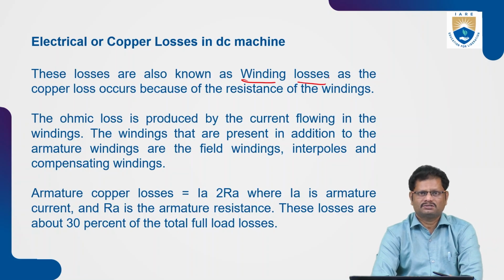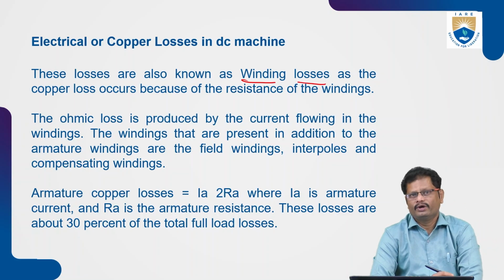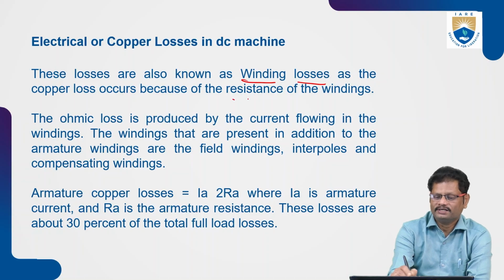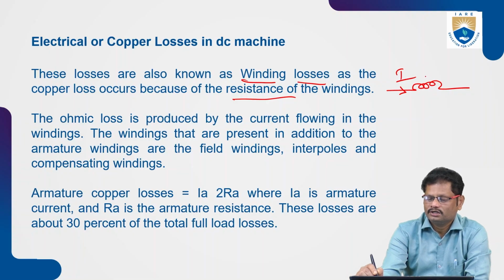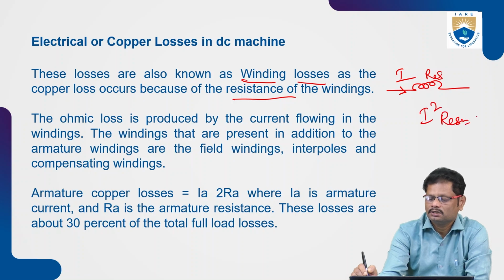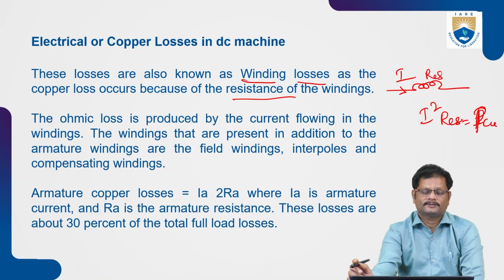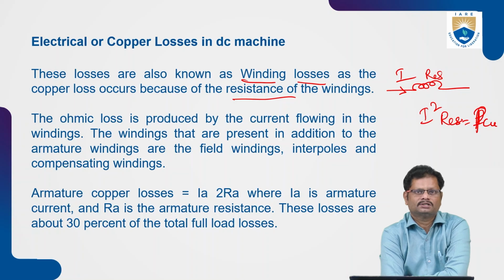The copper loss occurs because of the resistance of the windings. Whenever a current flows in the winding, definitely the winding has a resistance. So I square R, the square of the current times the resistance, is called copper losses, also called winding losses.